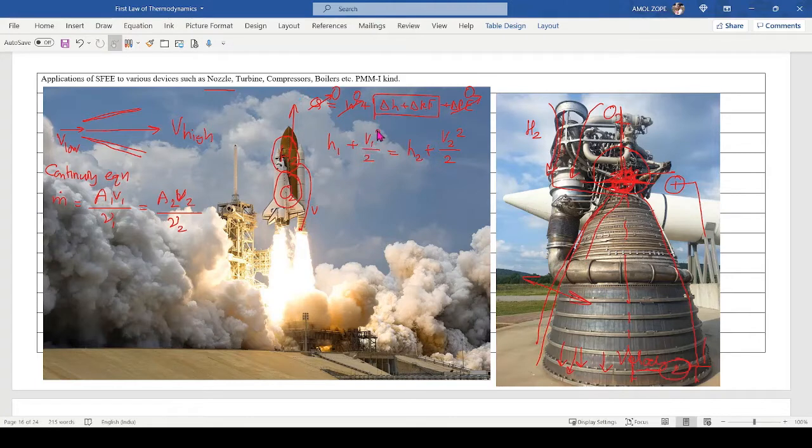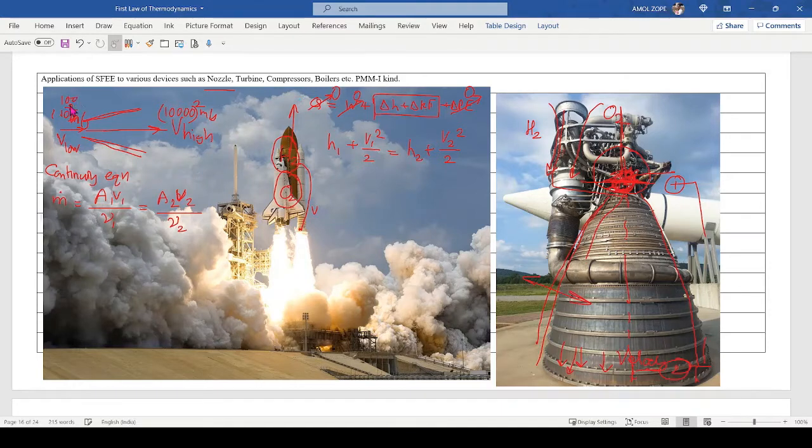Now let us compare V1 and V2. Say V1 might be 10 meters per second, and at the exit here it would be say 10,000 meters per second. So V1²/2 and V2²/2, the square of this.